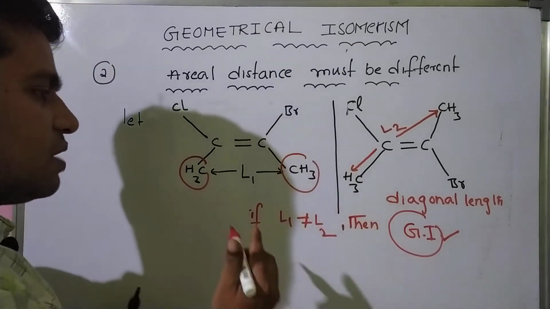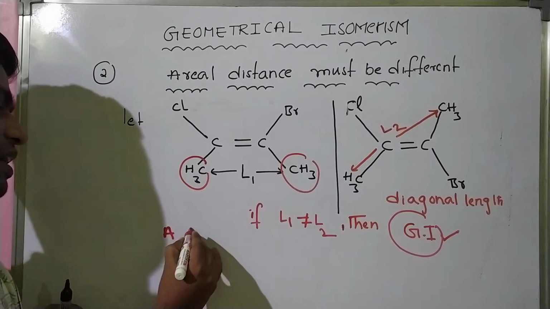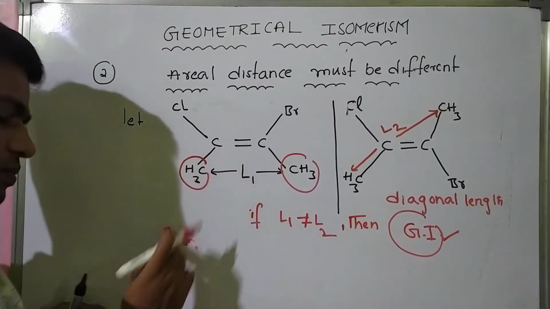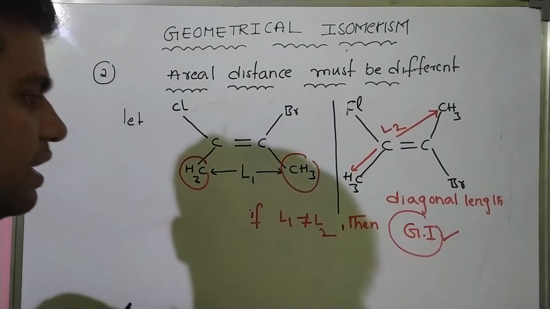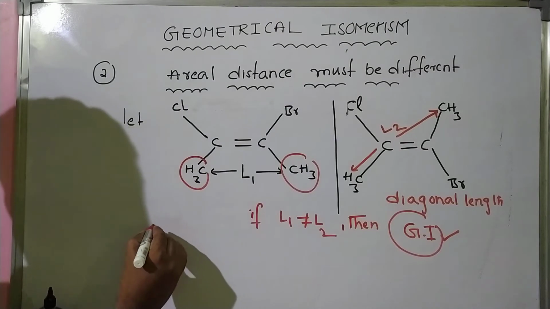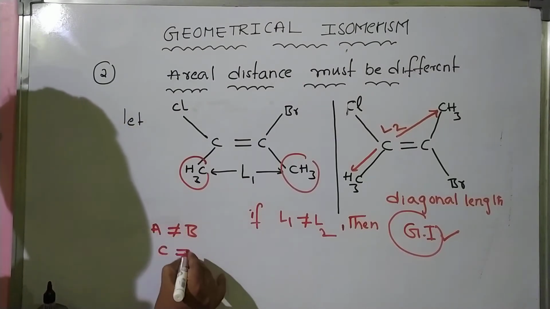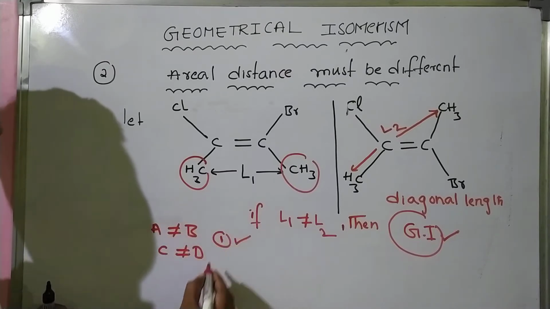Understanding? What is the first condition? A not equal to B, and C not equal to D. That is condition 1.